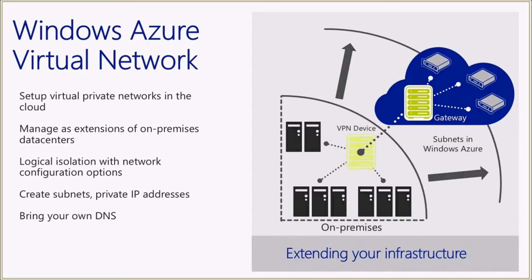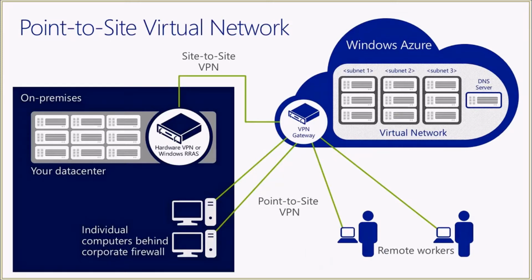We can also add point-to-site VPN, so our remote workers can now terminate at the Windows Azure VPN device, and we use an SSL VPN client to perform that connectivity. That would be another route that remote workers would be able to access services within Windows Azure, and can also access services on-premise.